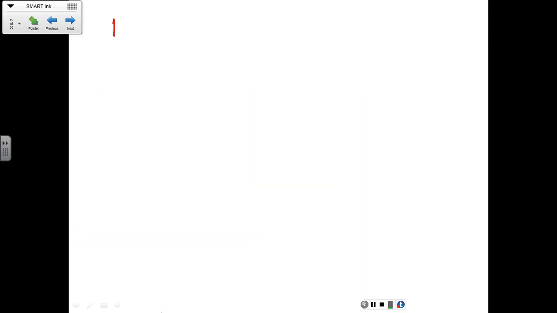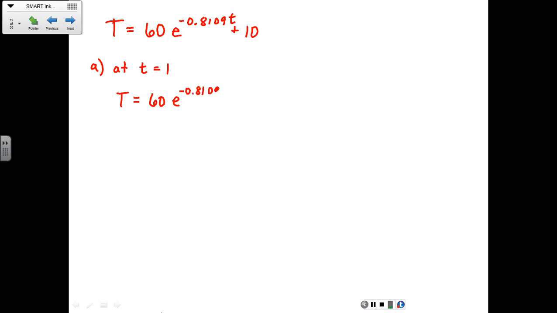My model is 60 e to the negative 0.8109 T plus 10. Okay? So A part, at T equals 1. If I plug in 1 in there, that's going to be negative 0.8109 plus 10.